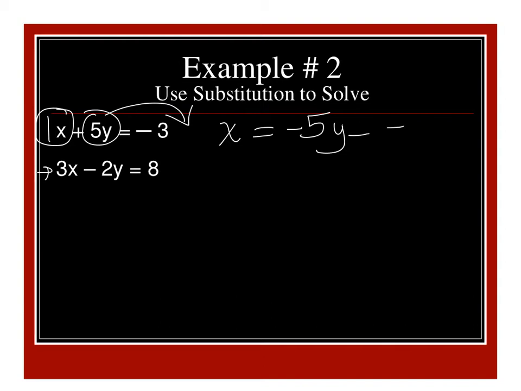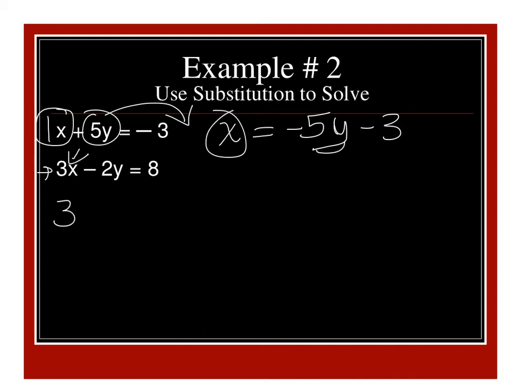So that leaves me with x equals, when I move it to the opposite side, it takes the opposite sign. It's negative 5y, and I have a minus 3. So now this is solved for x. So what I'm going to do is take my other equation. You always plug it in or substitute it in the other equation. So I'm going to plug it in for x here.